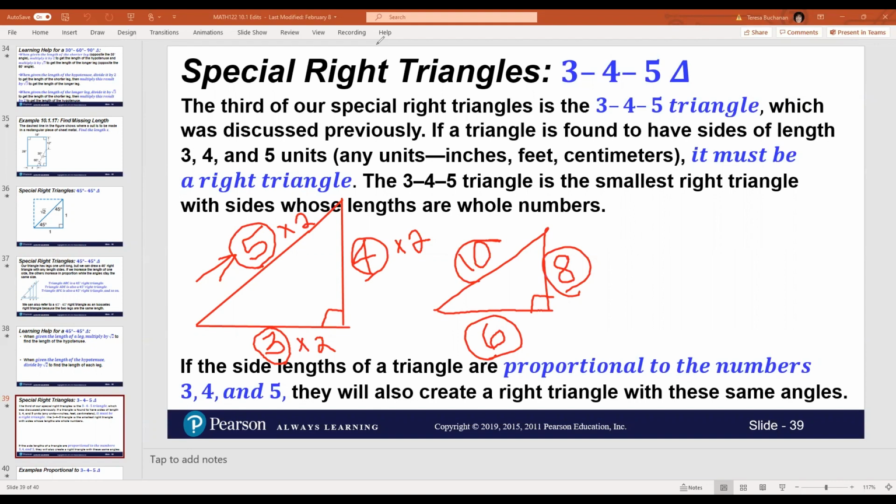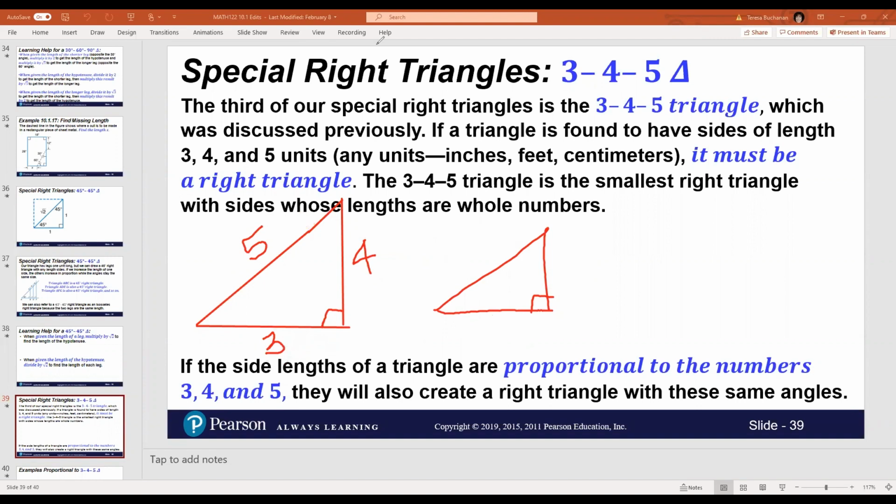So we end up with this sort of family of 3, 4, 5 right triangles that we can get by multiplying the 3, 4, 5 by some number, and I would know that I still have the same relationships all the way around the triangle. This could be a 15, this could be a 20, this would be a 25, everywhere multiplied by 5.